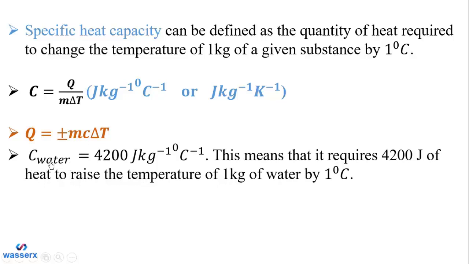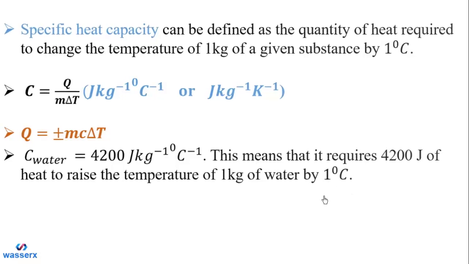So when we say that the specific heat capacity of water is 4,200 joules per kilogram per degree Celsius, then we mean that it requires 4,200 joules of heat to raise the temperature of 1 kg of water by 1 degree Celsius.